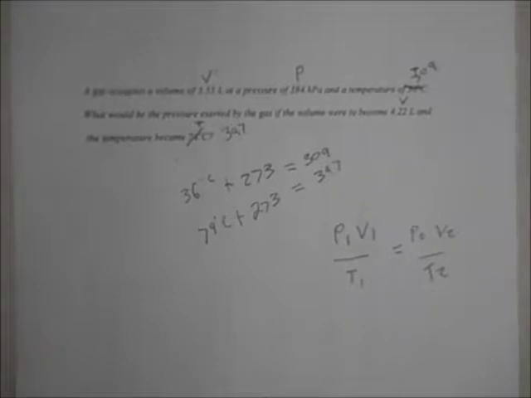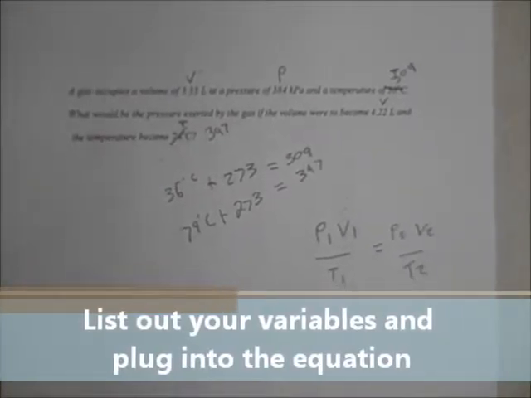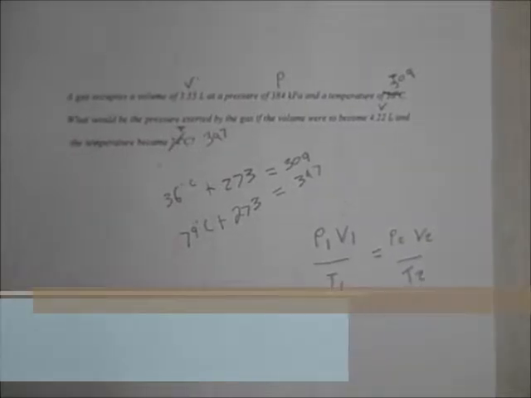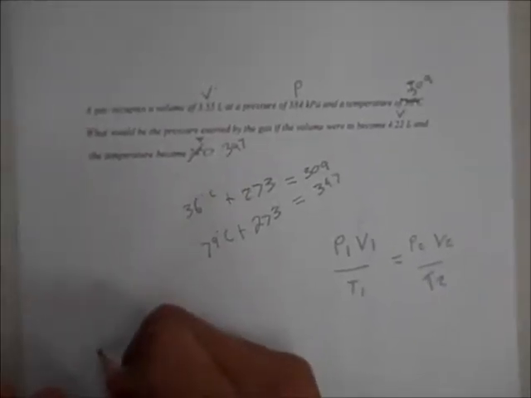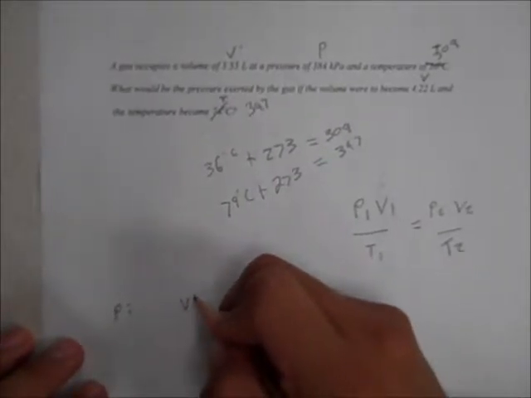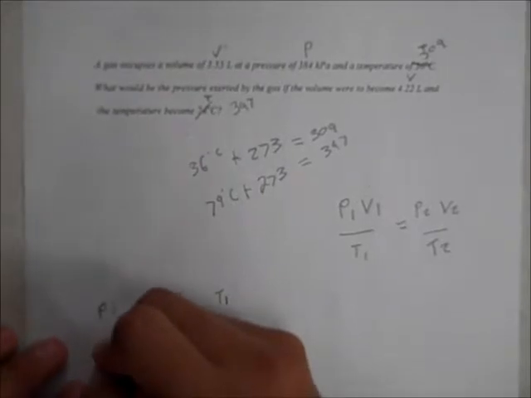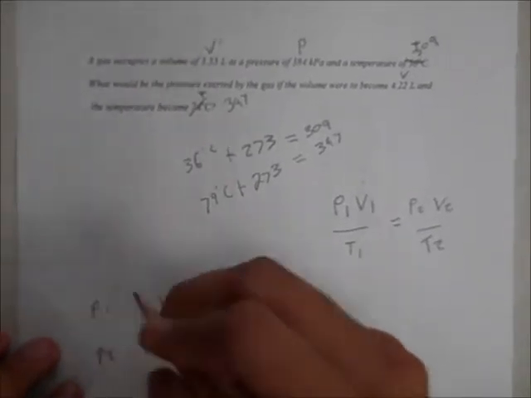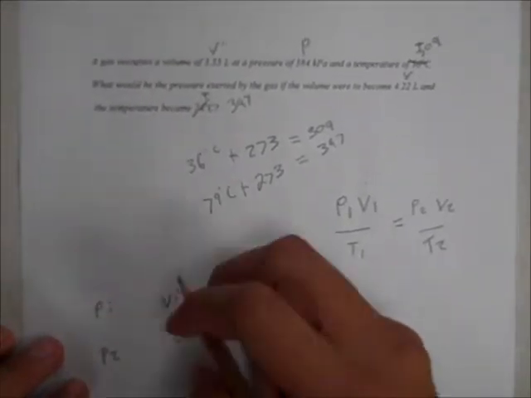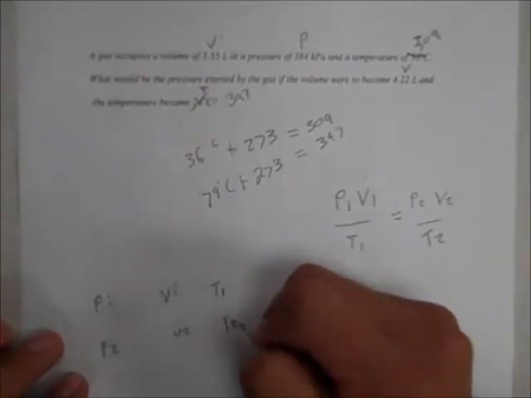The fourth step is to list out your variables in your equation, then plug them into the equation. So first we're going to find P1, V1, T1, P2, V2, and T2.